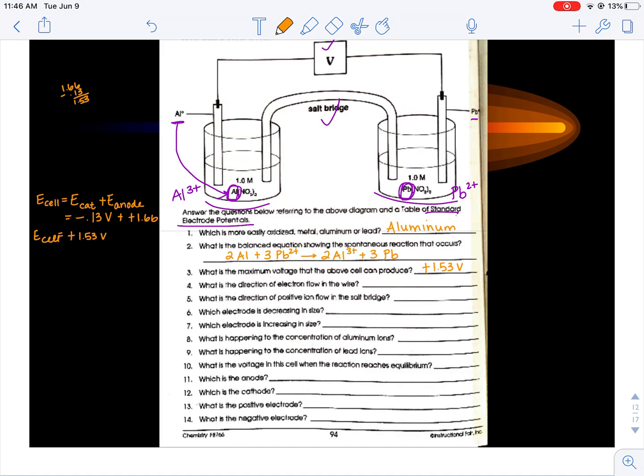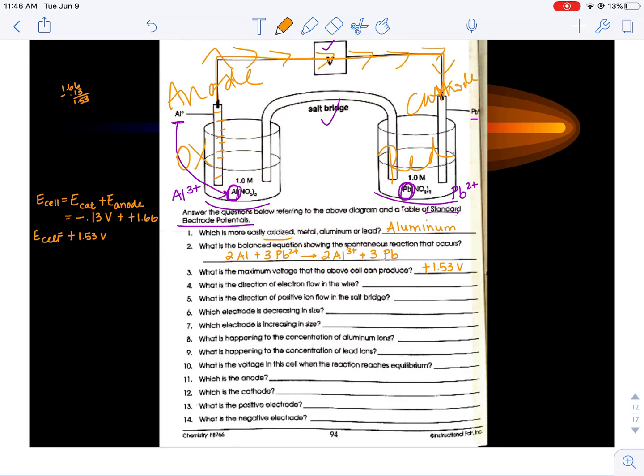What is the direction of electron flow in the wire? Well, we needed to figure out where oxidation and reduction take place. We said that more easily oxidized is aluminum, so here is going to be oxidation. That's our anode. Reduction is going to take place here on the right. That's the cathode. The electrons are going to have to naturally flow from where they build up or get lost to where they are going to be gained.